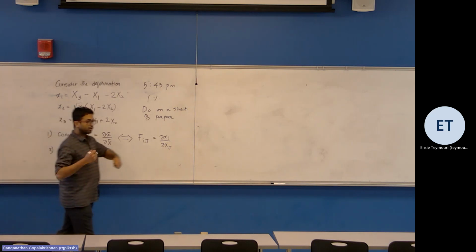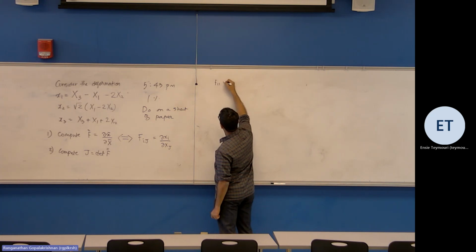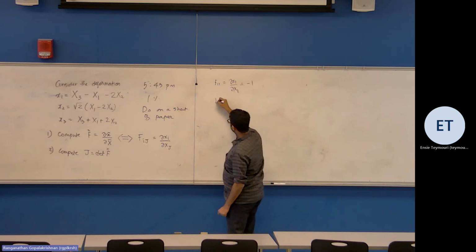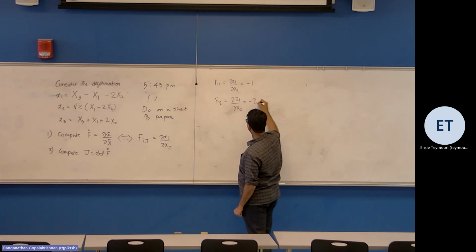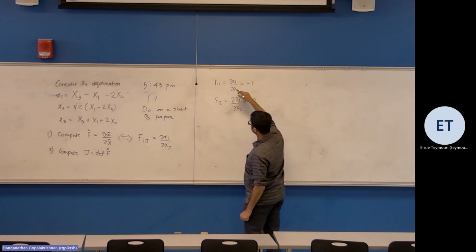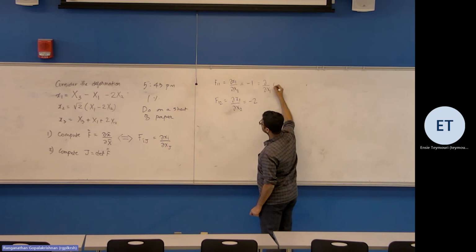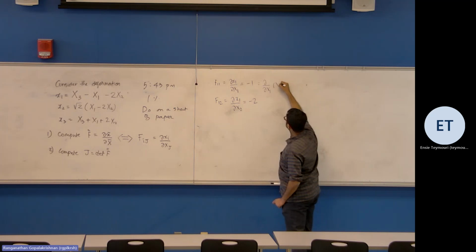Since the spirit is getting you to show up, just doing one example, F11 would be partial x1 over partial X1, which in this case is -1. F12 would be partial x1 over partial uppercase X2, which in this case would be -2. How this came about is the derivative with respect to X1 of whatever is x1 in terms of the uppercase material coordinates, x3 minus x1 minus 2x2.